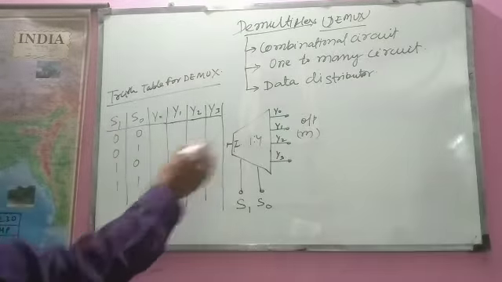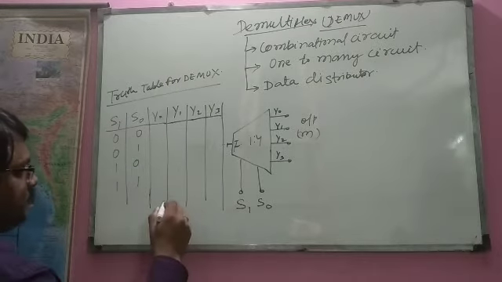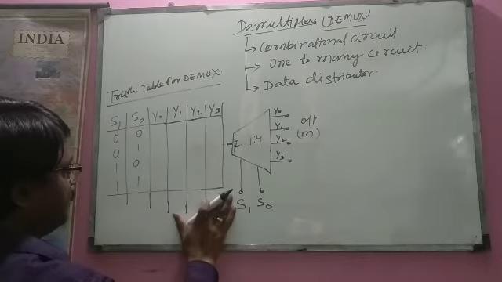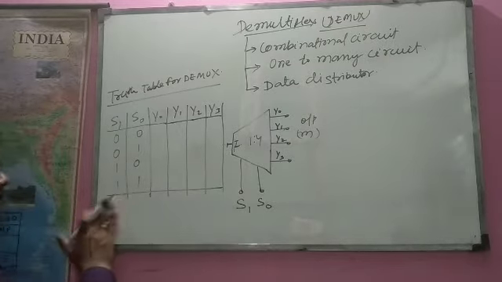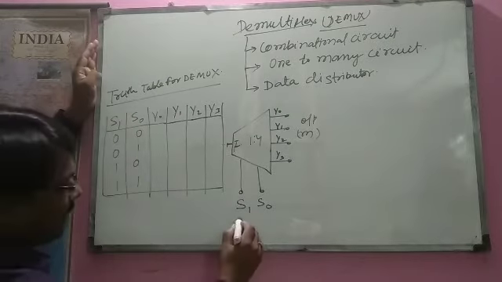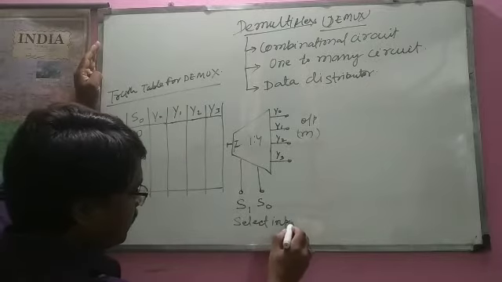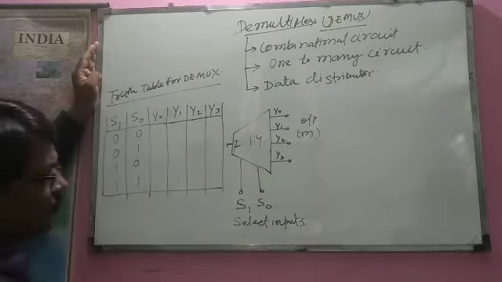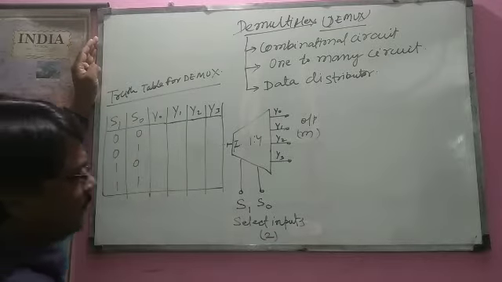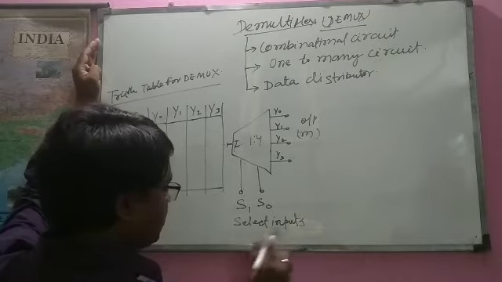Its input is I, and depending upon the value of the select inputs, these are the select inputs. Here the select inputs are 2, and generally it is known as n.